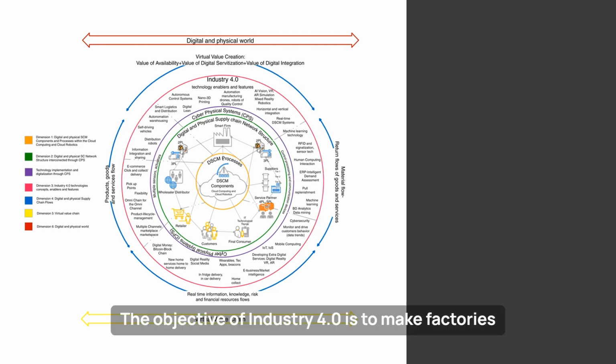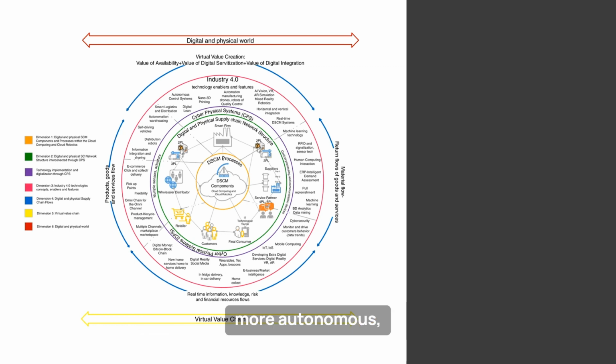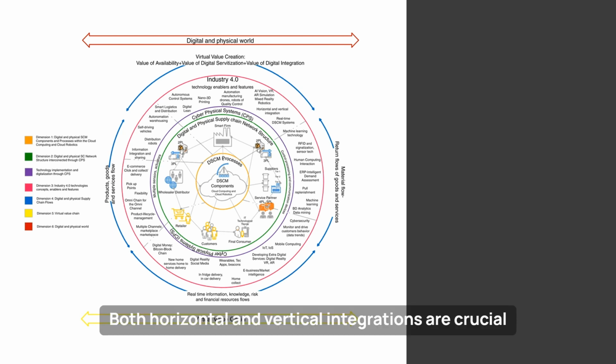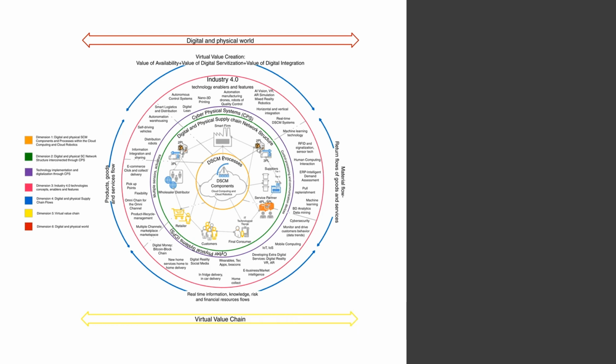The objective of Industry 4.0 is to make factories more autonomous, real-time, and decentralized. Both horizontal and vertical integration are crucial components of Industry 4.0. Horizontal integration involves connecting the factory to the entire external value chain through a well-designed and integrated workflow.